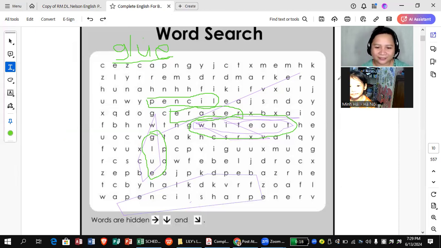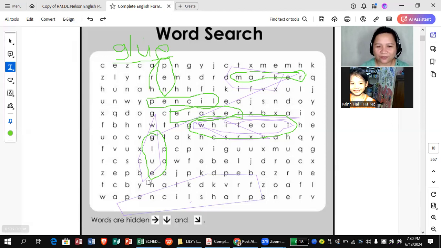You found the word marker. Wow, you found the word marker. But I'm asking you to find the pen. Wow, very good. How about pen? Can you find the word pen? No? Okay, I can find the word. Oh, there's the pen.